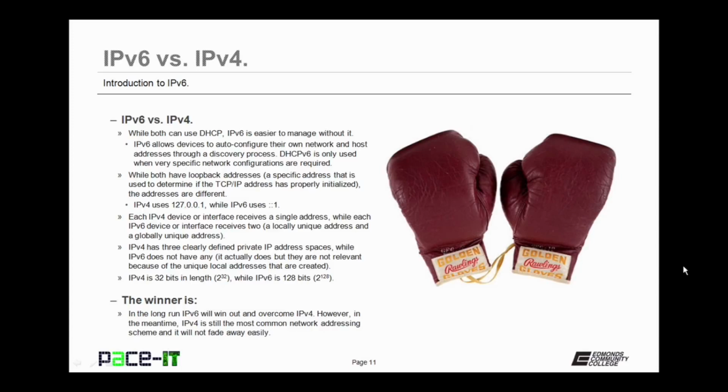Okay, it actually does have a private IP address space, but it's not really relevant because of the unique local addresses that are created. IPv4 is 32 bits in length and can provide over 4 billion unique addresses, while IPv6 is 128 bits in length and can provide over 340 undecillion unique addresses. In the long run, IPv6 will win out and overcome IPv4.